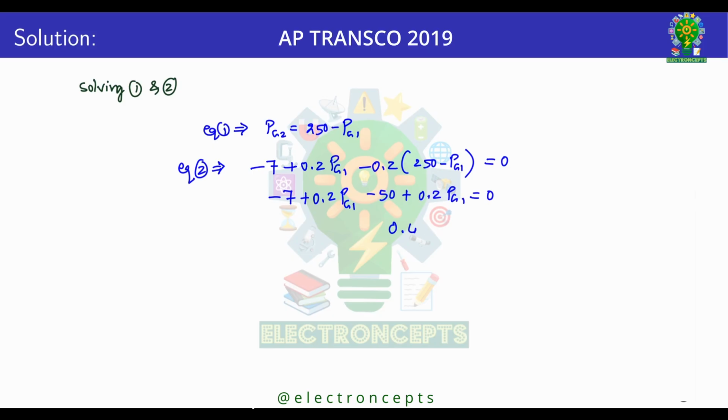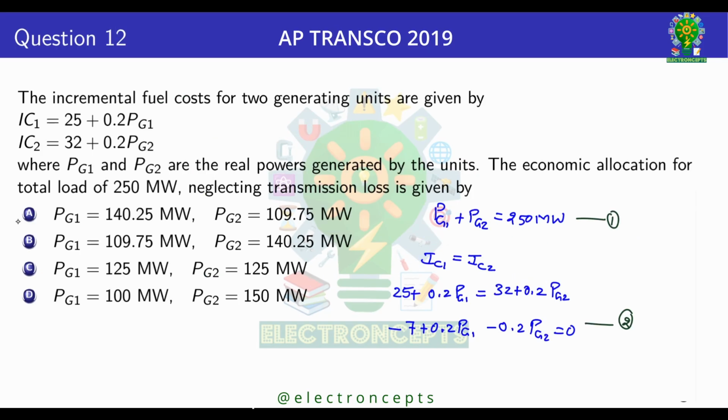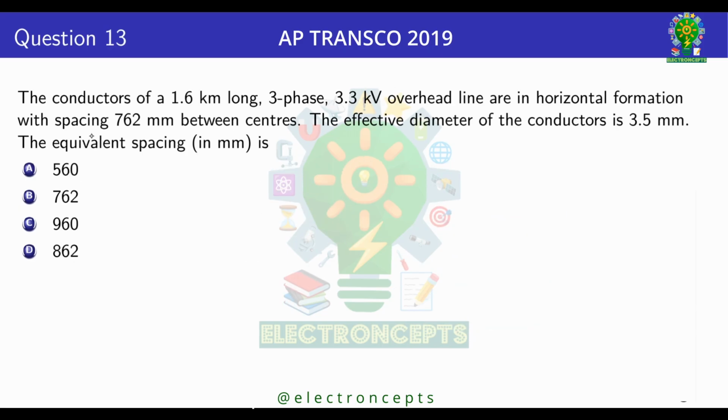Further, 0.4 Pg1 is equal to 57. From this, Pg1 is equal to 142.5 megawatt. From equation 1, Pg2 is equal to 250 minus 142.5 megawatt, which is equal to 107.5 megawatt. Coming to the options, the closely matching option is option A. Therefore, option A is correct.